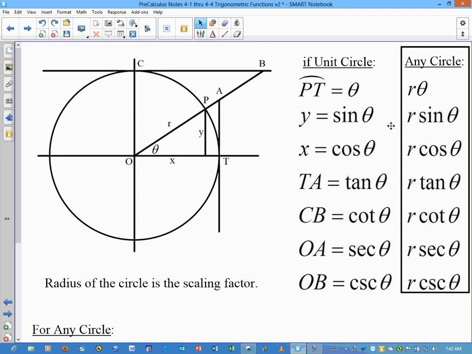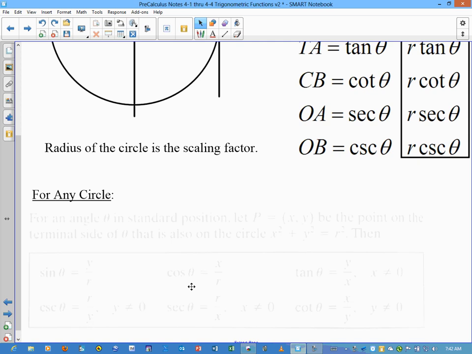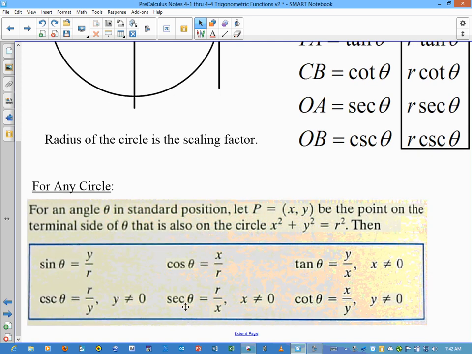And also for any circle, we can take these and write everything in terms of x's, y's, and r's, because we can look at this reference triangle. So for any circle, these would be our formulas. The sine of theta, if we know the terminal point, which is the x and the y, then the sine of that theta is going to be y over r, cosine is x over r, etc. for all of these.